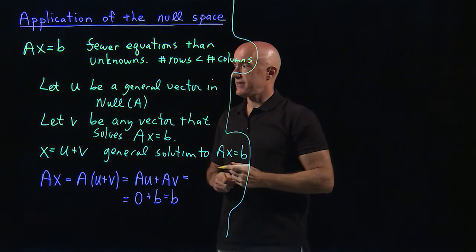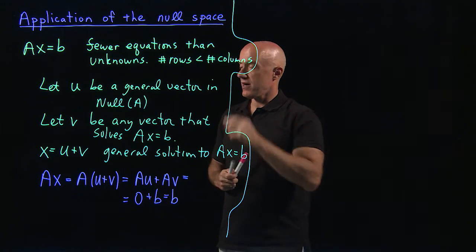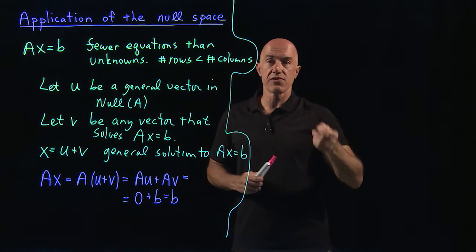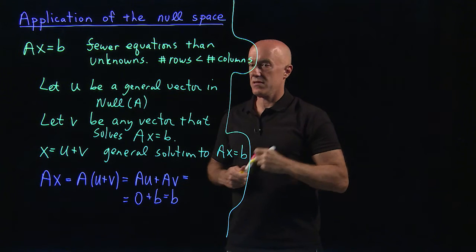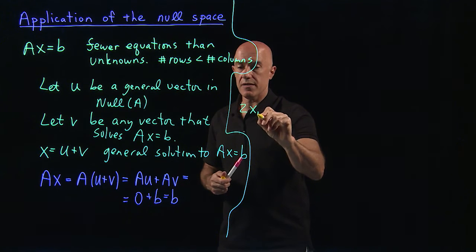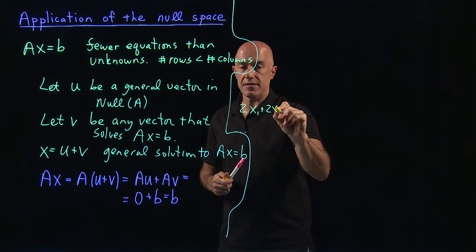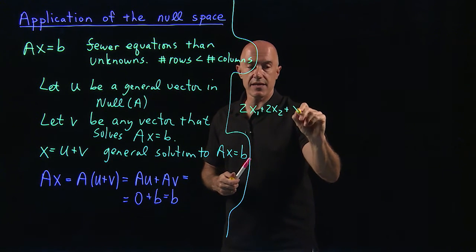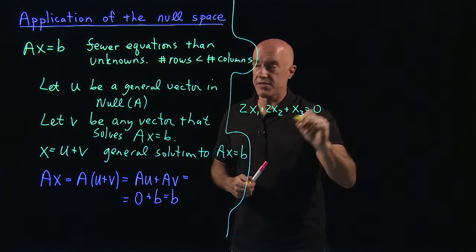Let me give you an underdetermined system of equations. We'll work with 2x1 plus 2x2 plus x3 equal to 0.